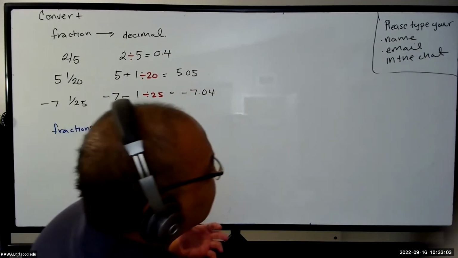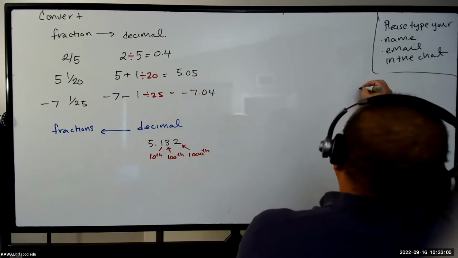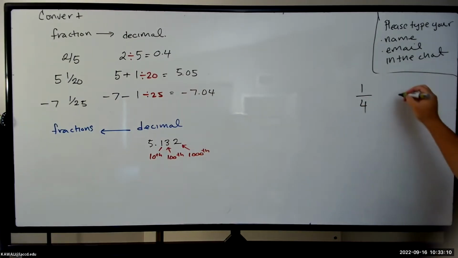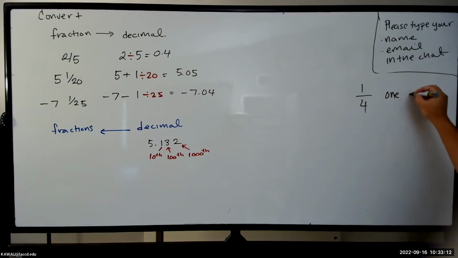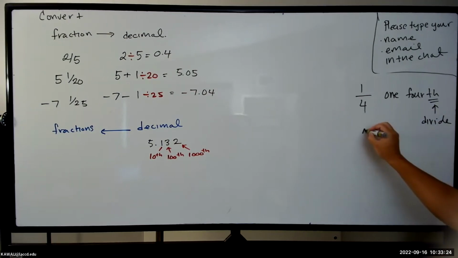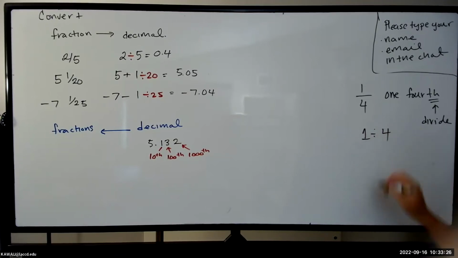Now, if I was to ask you just in English, tell me what this is. You would say that is 1/4. Right? Fourth. This TH means divide. So this is really 1 divided by 4, right?